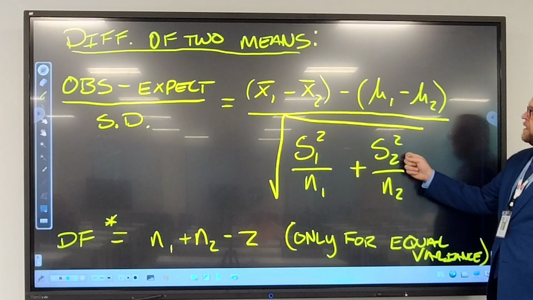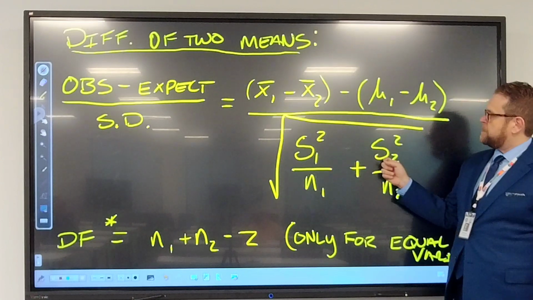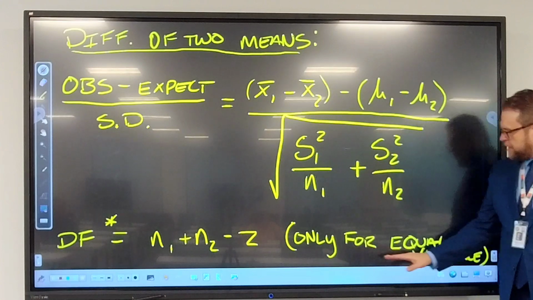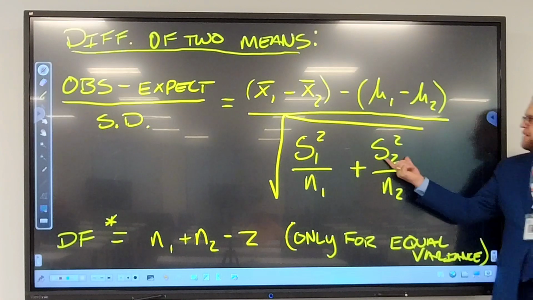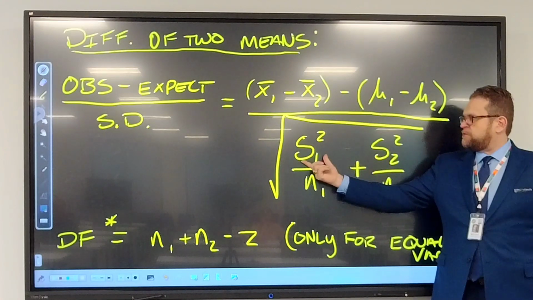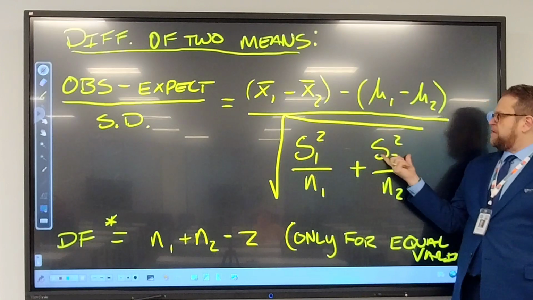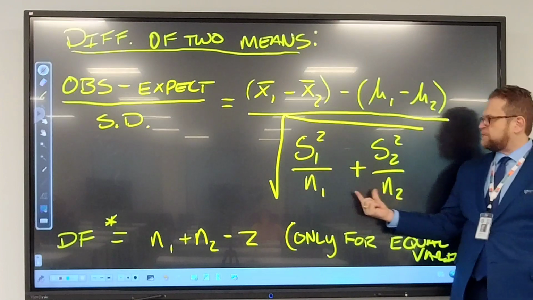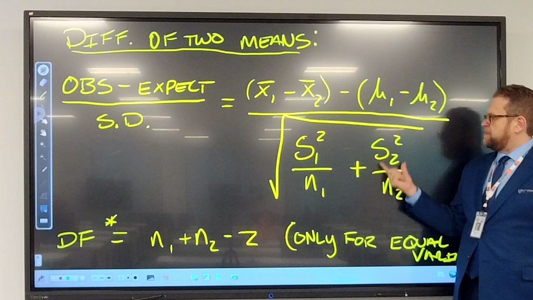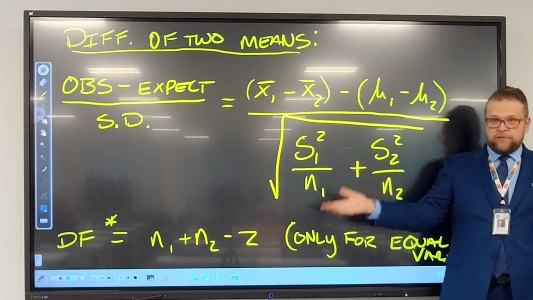Because the likelihood that these two numbers, sorry, I misspoke. This should be for equal population variance. I might have these two numbers, S1 squared, S2 squared, these are the sample variance of my samples, N1 and N2. But this doesn't tell me anything about the population variance, which is something I don't know.